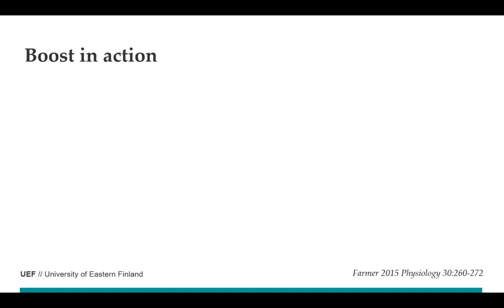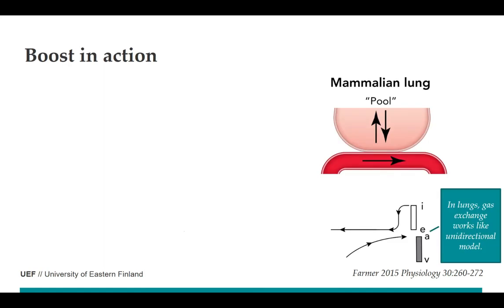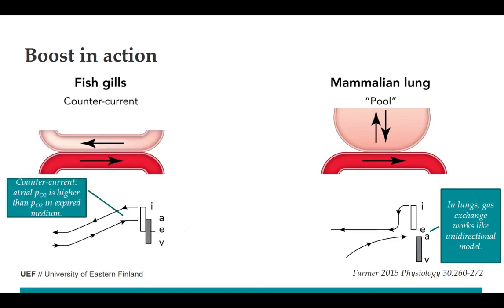Okay, are these just models, or do they have some consequences in real life? Well, in the mammalian lung we have this pool, so the gas exchange works a little bit like the unidirectional model. It approaches the same partial pressure in the artery and in the exhaled medium. But in the fish gills we have the countercurrent.